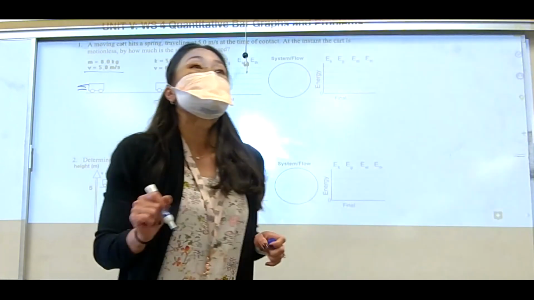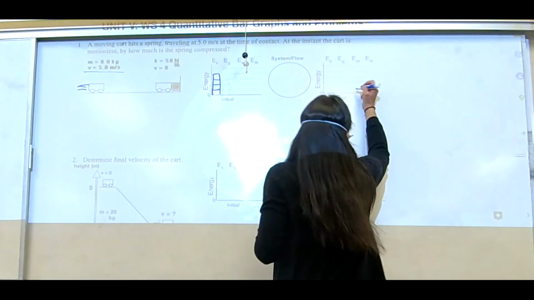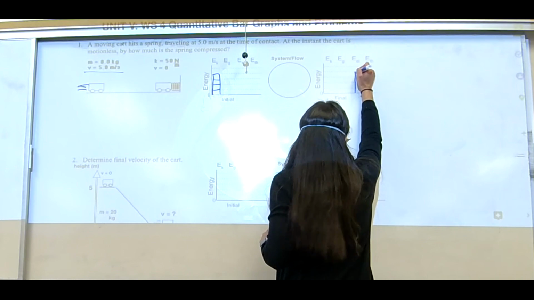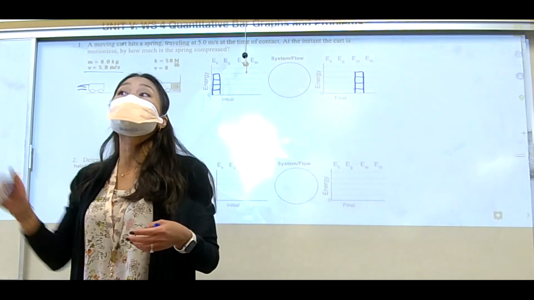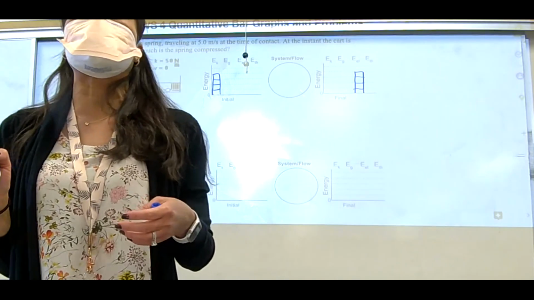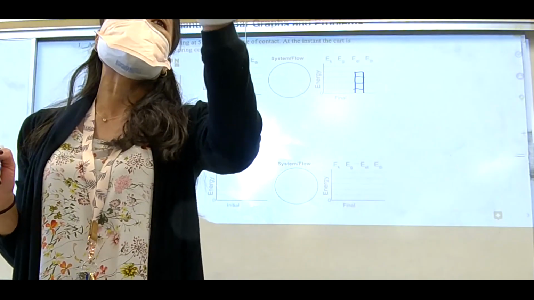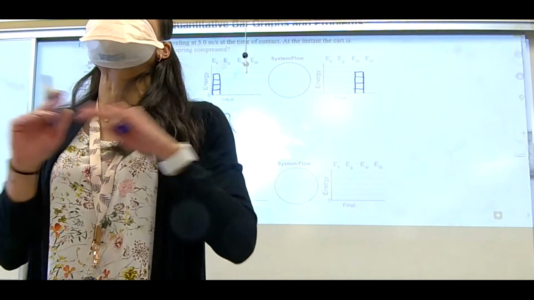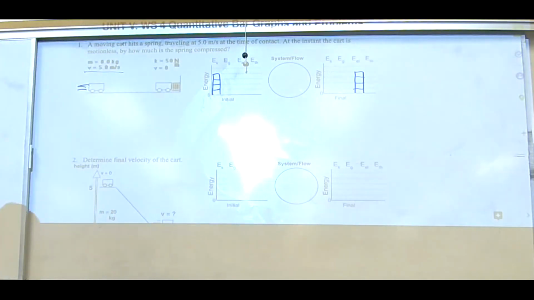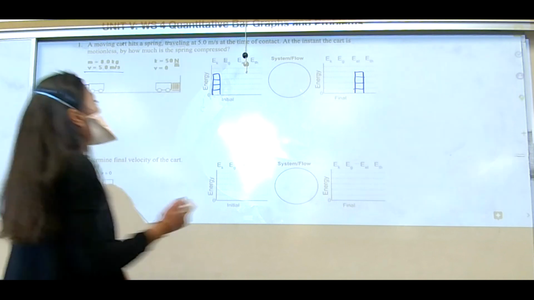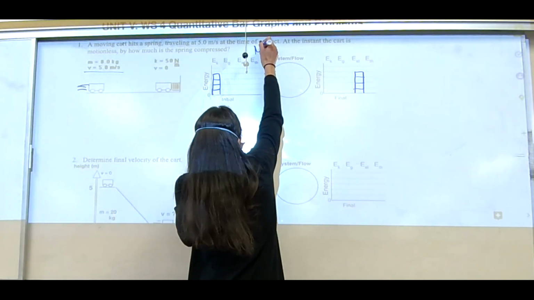So I said there's elastic and thermal. Elastic, and there's a collision, which we would normally include as thermal, but in this scenario, I'm going to say assume thermal is negligible. The reason why I'm telling you this is because we want to focus on mechanical energy.